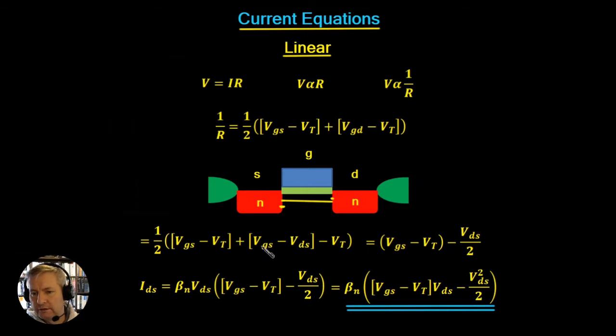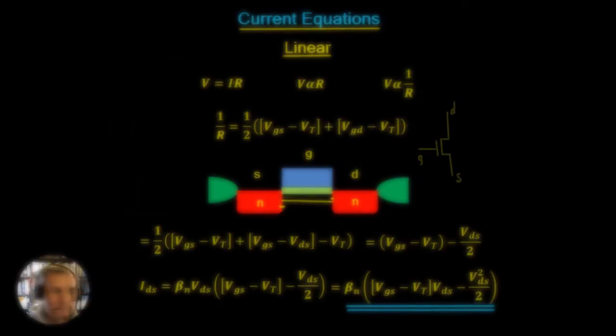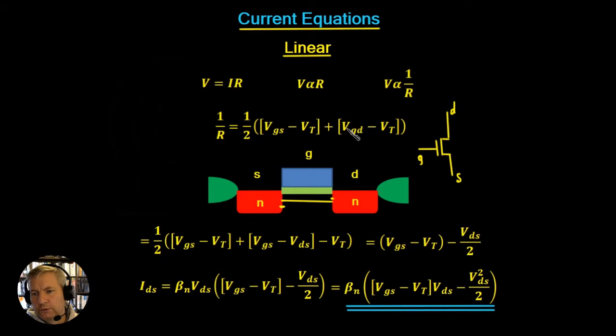So let's have a look at this little section here. What we want to show is that the VGD is the same as VGS minus VDS. If we first look at this little device here, we've got our gate, our source and our drain.